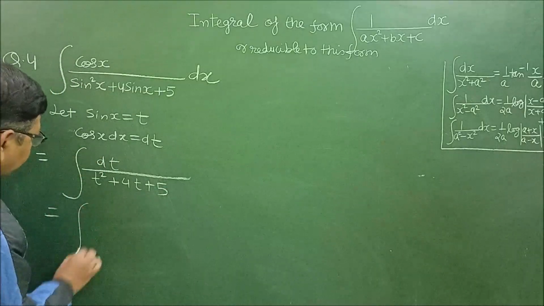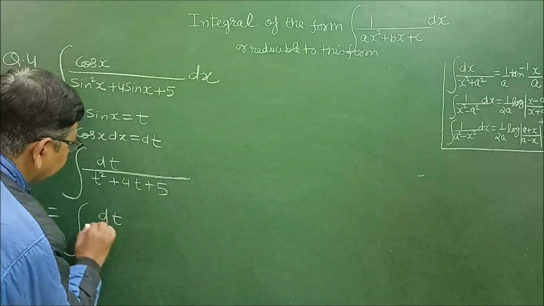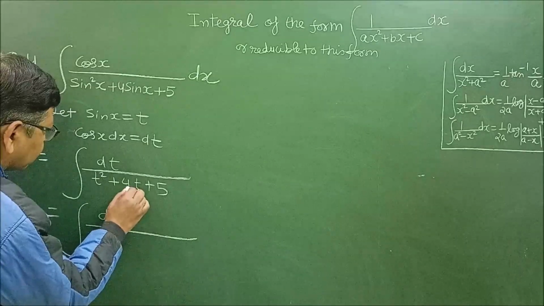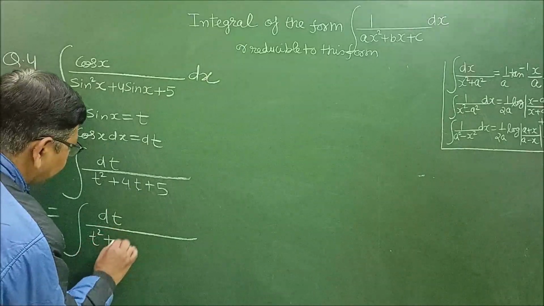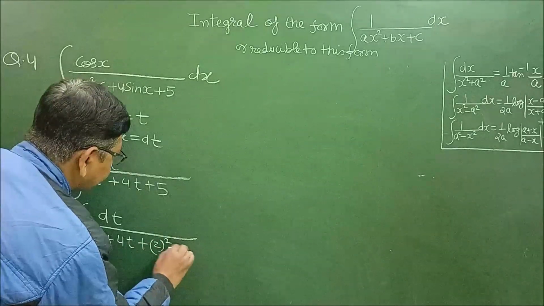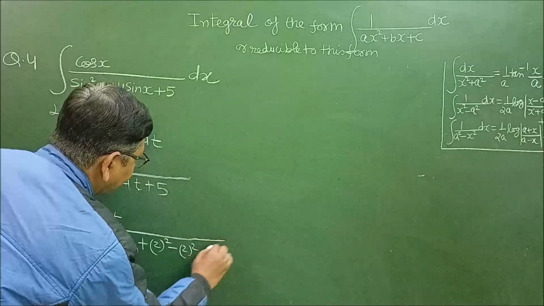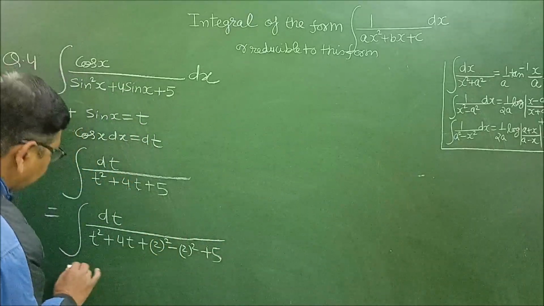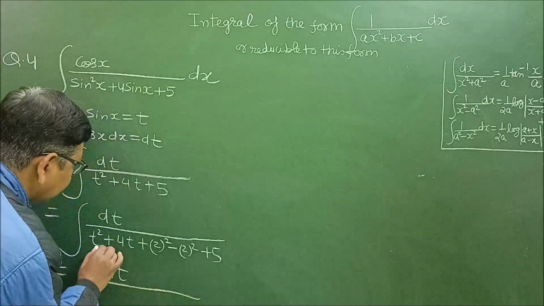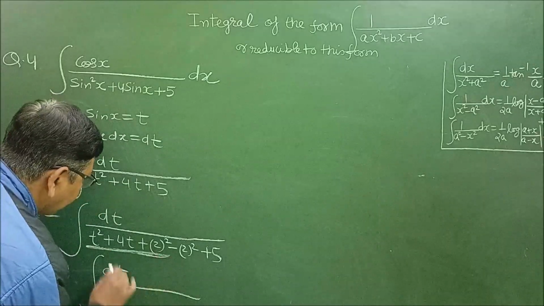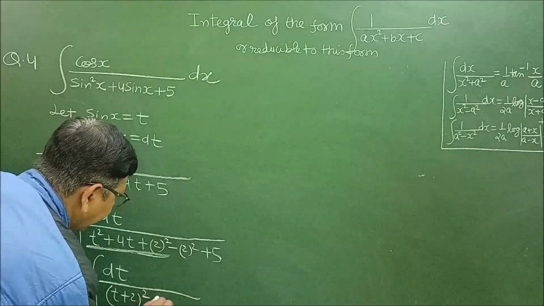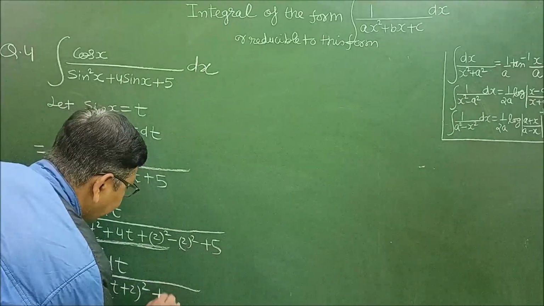Now this is equal to integral of dt upon, the coefficient of t is 4 here, so half of 4 is 2. So t square plus 4t, adding 2 square and subtracting 2 square, plus 5, which is equal to integral of dt upon, these three terms make a perfect square, (t plus 2) whole square, and this 5 minus 4 is equal to plus 1.